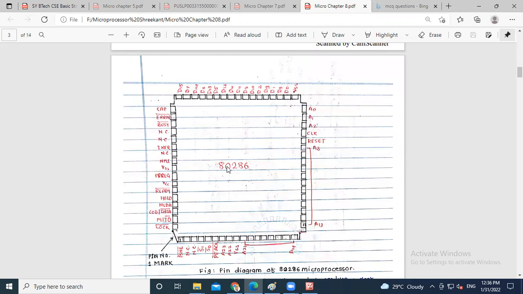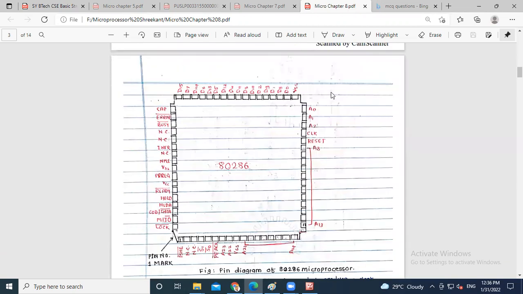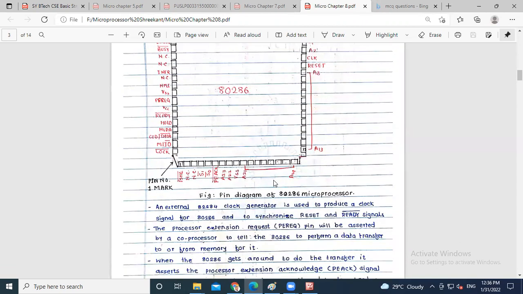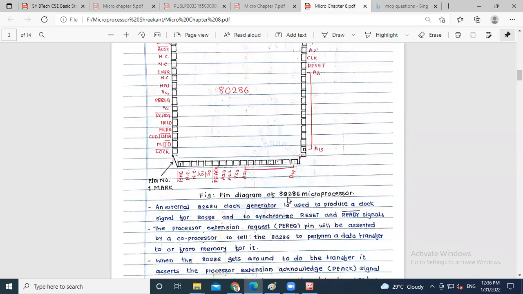This is the pin configuration. This is not for your syllabus, just for your kind information. Just go through it. All 40 pins are present in the pin diagram of the 80286 microprocessor.